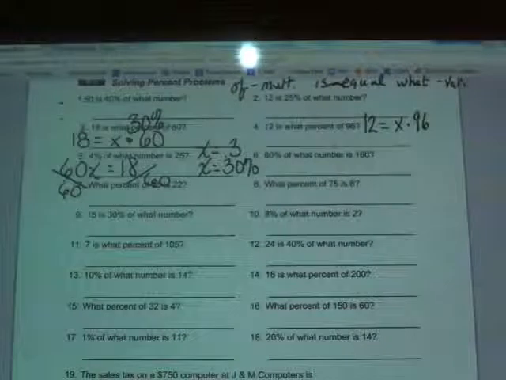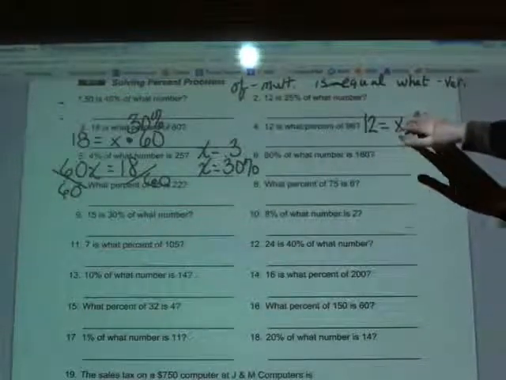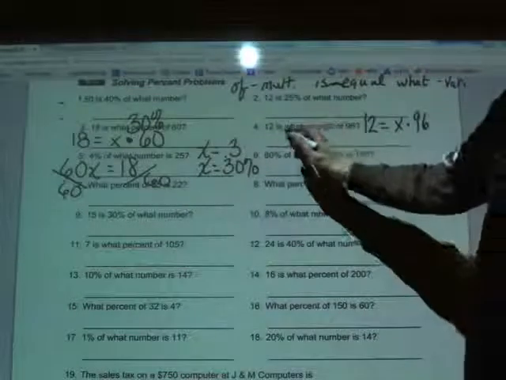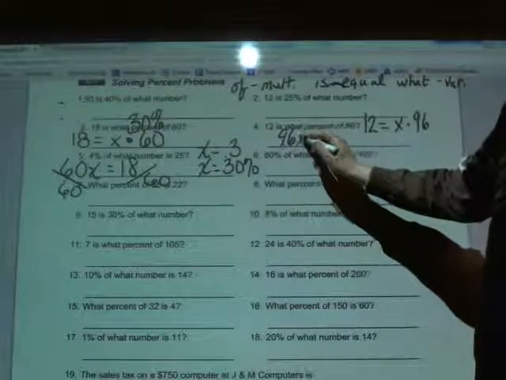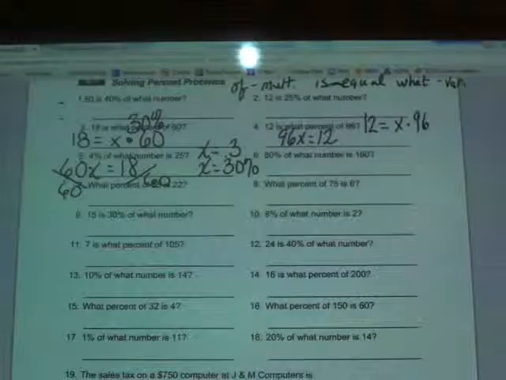Now we're going to solve the equation. Well, again, just like we saw in the last one, we've got a problem there in that we've never solved an equation with the variable on the right side. We always write the variable on the left. So I'm going to go ahead and flip the equation around and rewrite it as 96x equals 12. All right, so that's a multiplication equation now at this point. So now I'm going to go ahead and solve that by dividing. Dividing in this case now by 96.